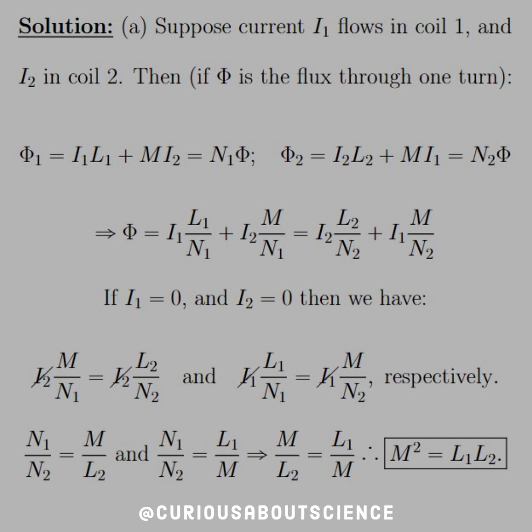Okay, so what this tells us is that I1 L1 over N1 plus I2 M over N1 is equal to I2 L2 over N2 plus I1 M over N2.